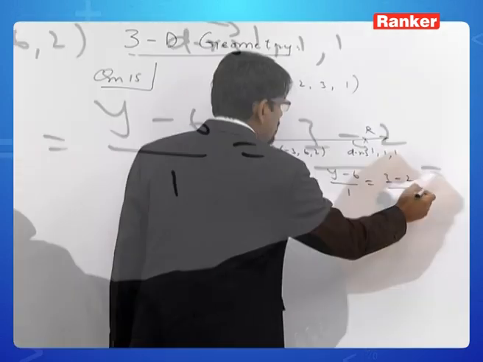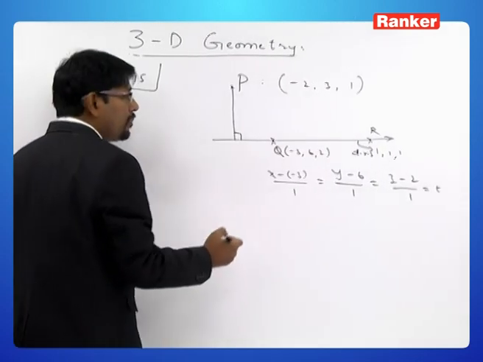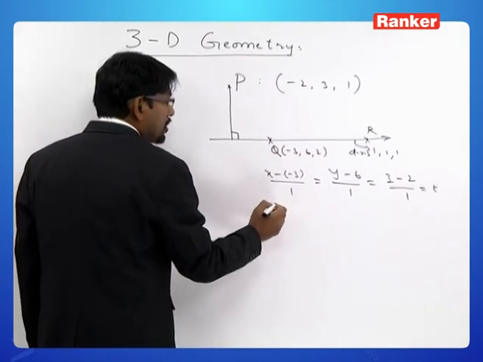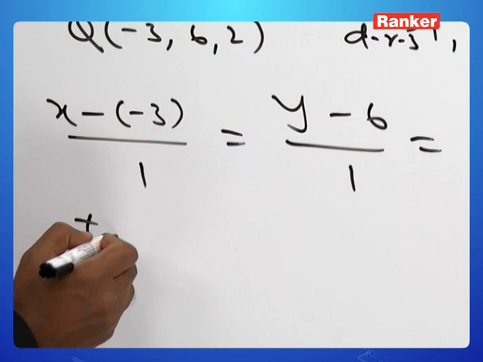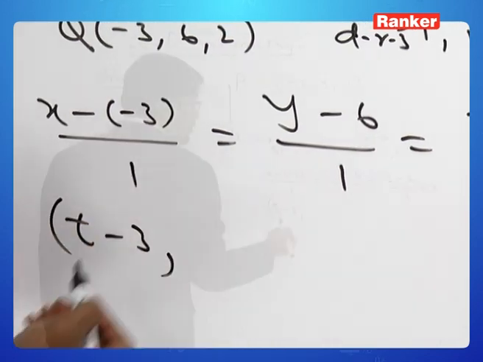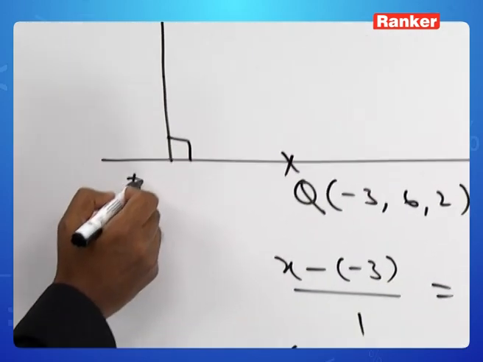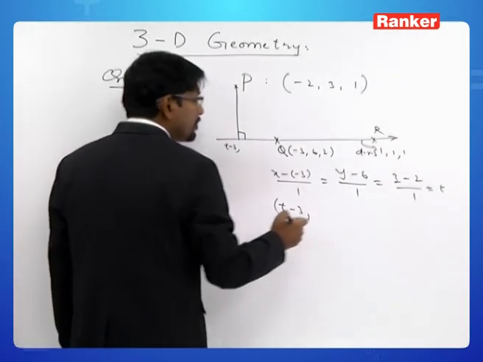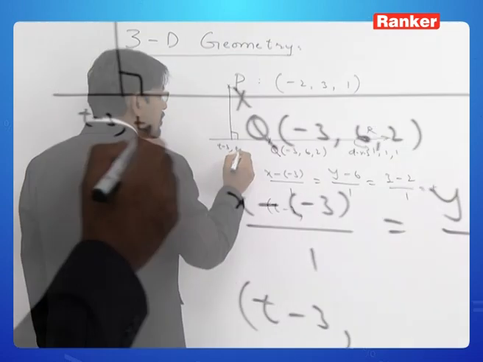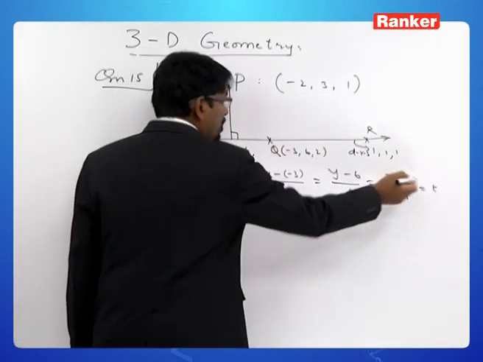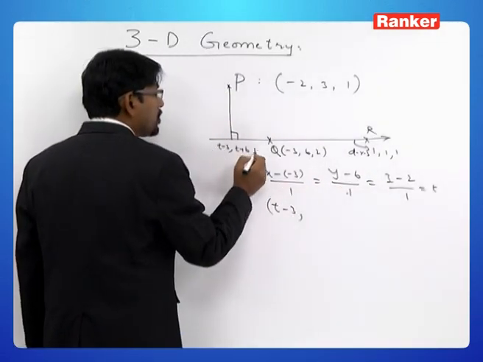Any point on it can be given by the parametric form. What is it? The general point is t minus 3, t plus 6, t plus 2.